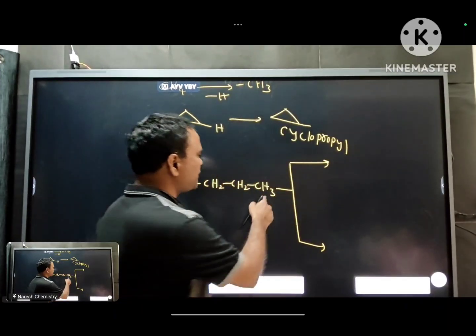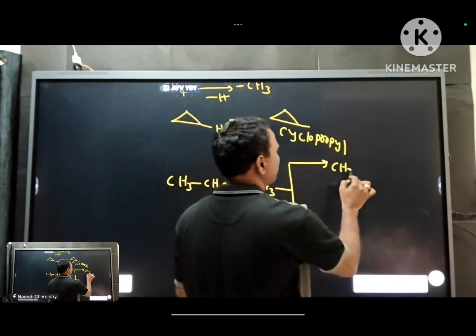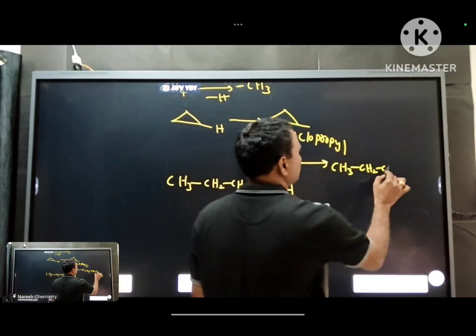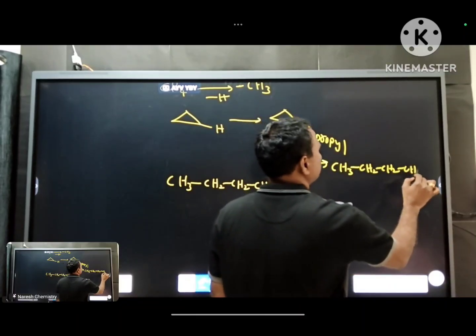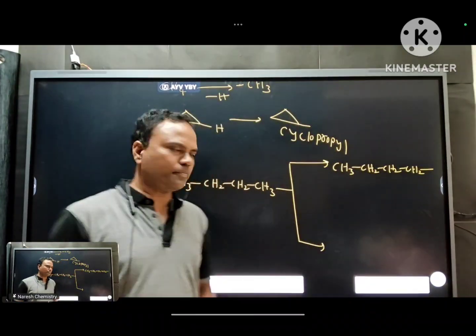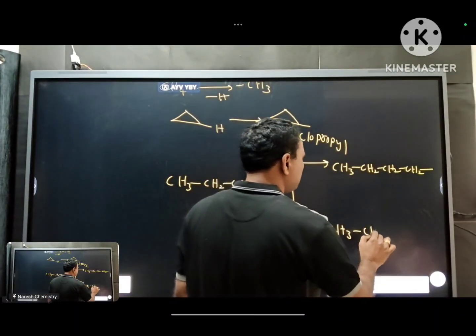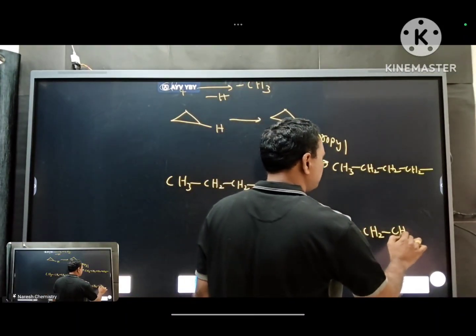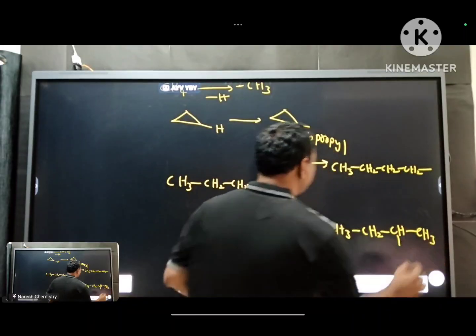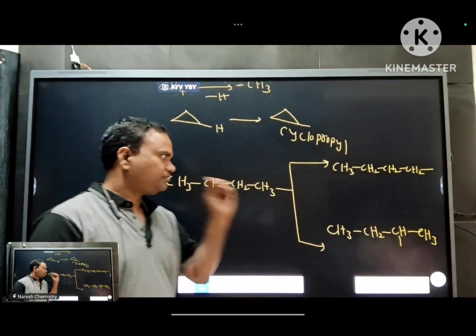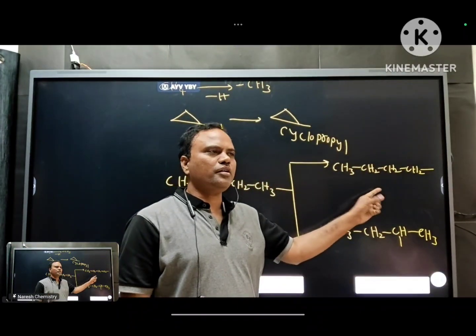I am removing primary hydrogen. One hydrogen is removed, primary hydrogen. And I am removing secondary hydrogen. First of all, tell me what is it then? Butane. Butyl.